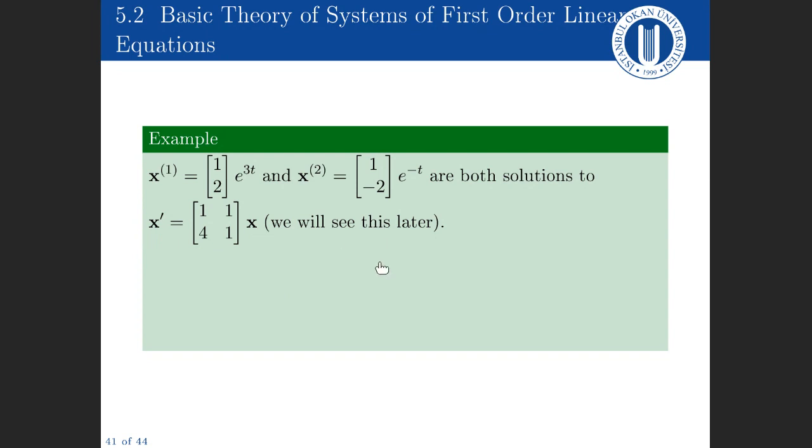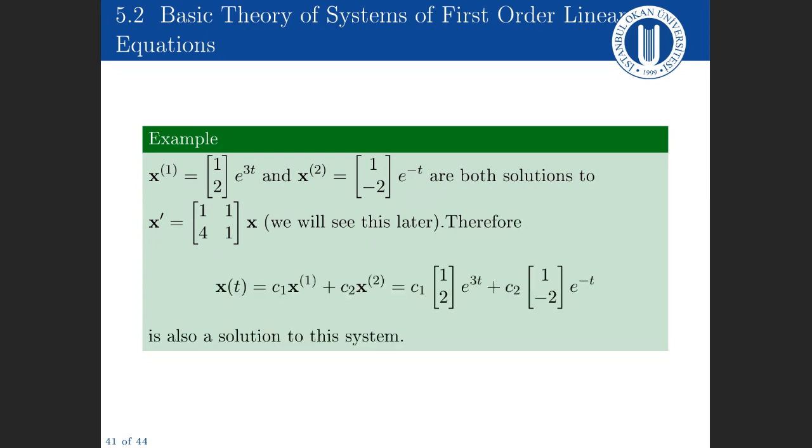For now, just assume that I'm telling the truth when I say that these really are solutions to this system. Then that means that every linear combination of these 2 functions is also a solution to this system. C1, a constant, times (1, 2) e to the power 3t plus a constant C2 times (1, -2) e to the power -t is also a solution to this system.